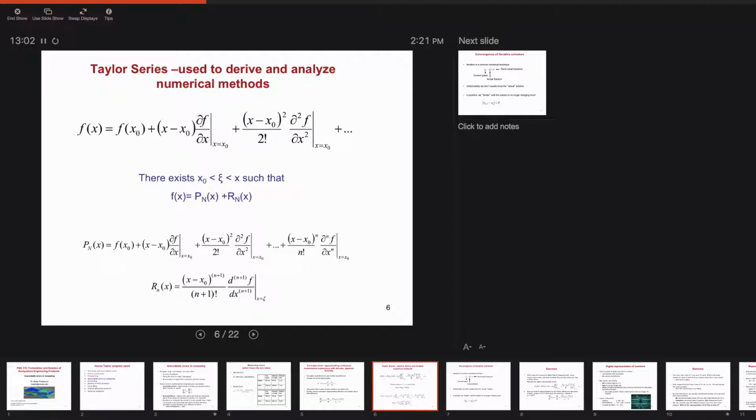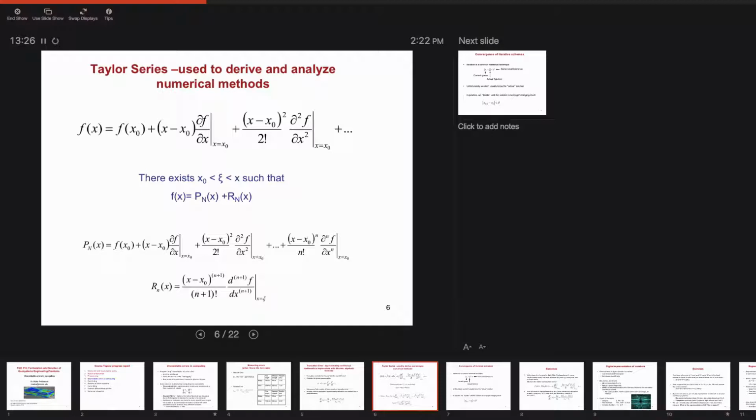So that e to the x series that I showed you is actually this Taylor formula applied around x0 equal to 0. And every derivative of e to the x is e to the x, so you can plug in derivatives as we go along and get that series.